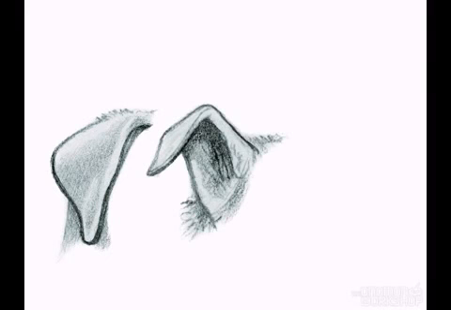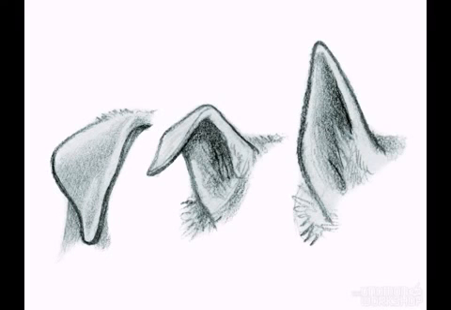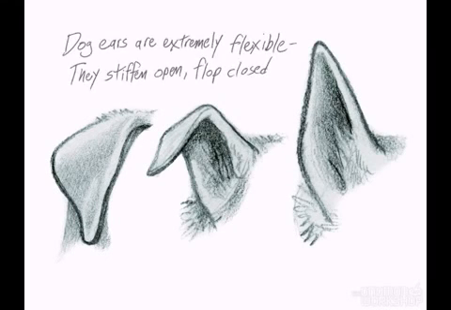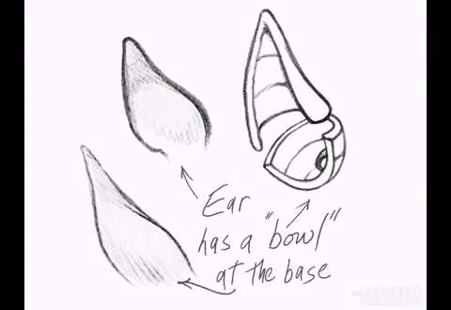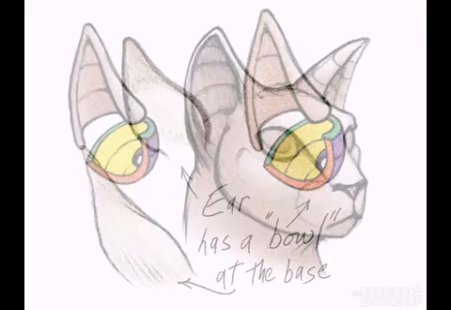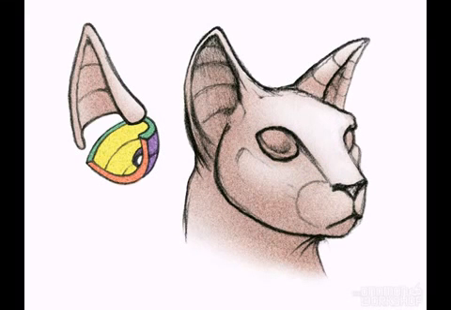When tensed, they stand up. All ears, including yours, have a bowl at the base called the concha. On many animals it's obvious, but even on animals like cats where it's buried, it's still there at the base.